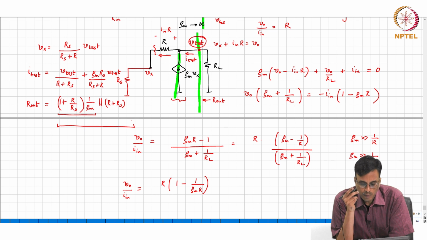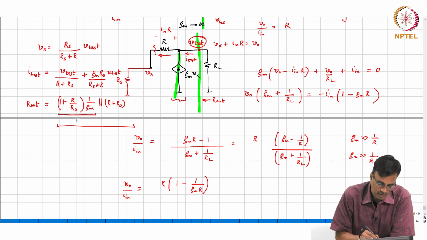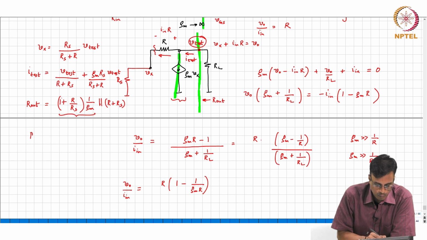So, what comment can you make if you now put an Rs? What comment can you make about the output resistance? It will increase or decrease? The other path resistance is increasing, so it will dominate less. If this path dominates, what is the output resistance approximately?